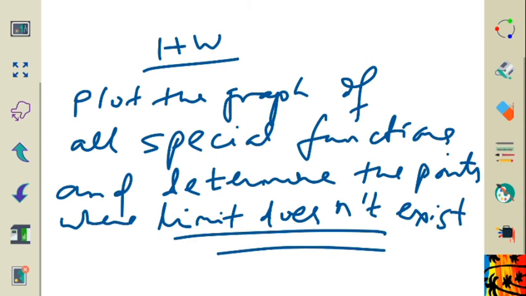So this work is left as homework, and you try to solve this question.